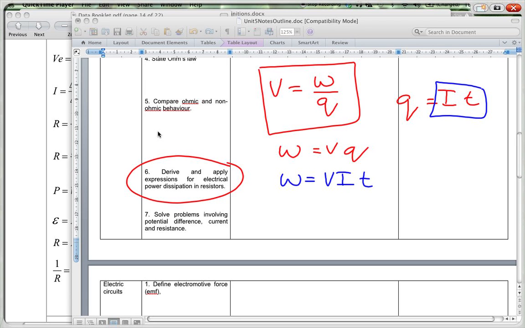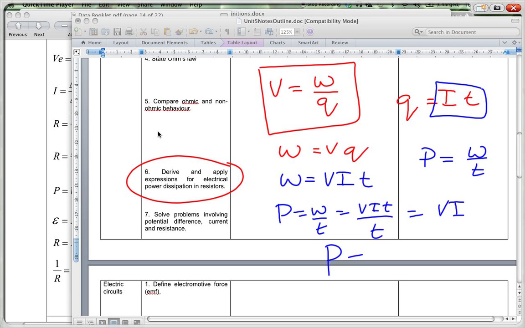Alright. Power is equal to work over time. It's a rate of doing work. Alright, so work divided by time. So power is equal to W over T, or VIT over T, which is VI. So power is equal to V times I. Alright, a very important formula.